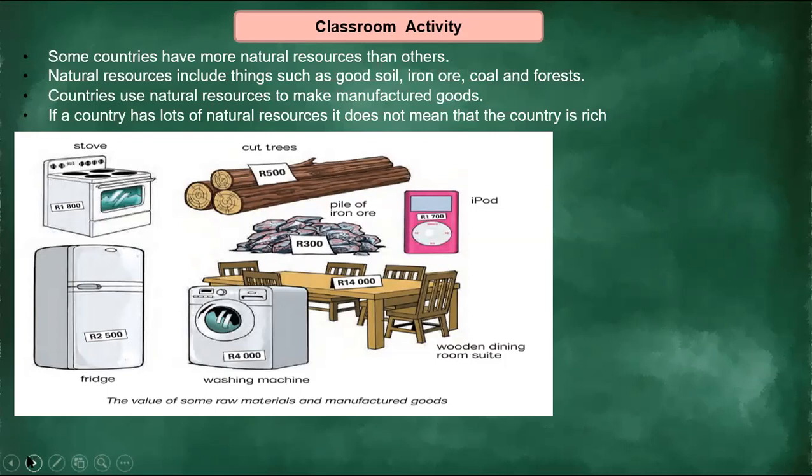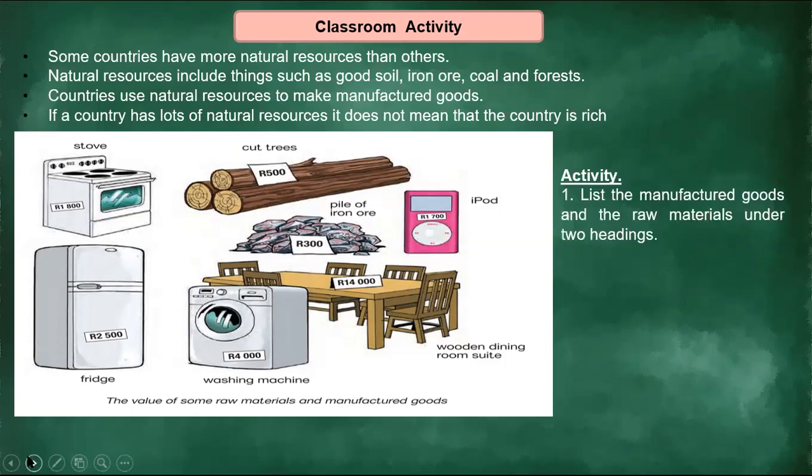Okay. So question number 1 says list or name the manufactured goods and raw material under 2 headings. So I want you to give me the manufactured goods that you see and the raw materials that you see on the picture.